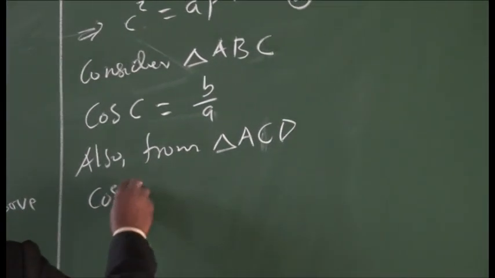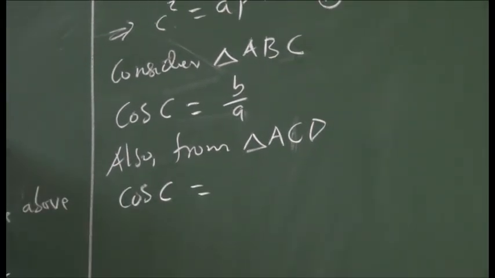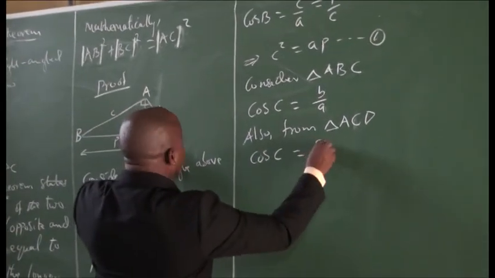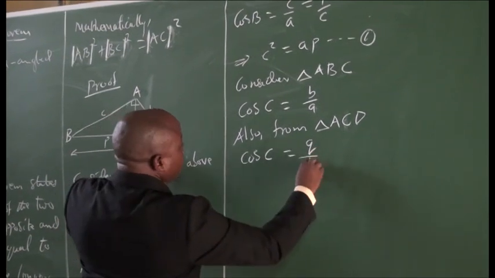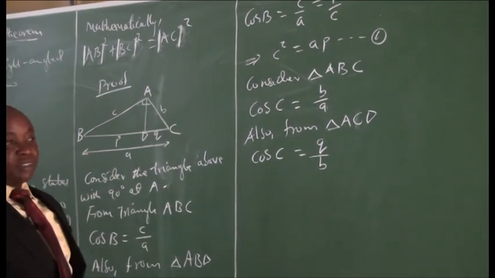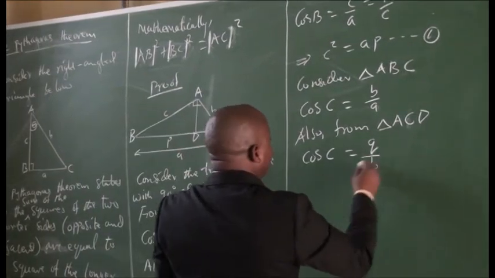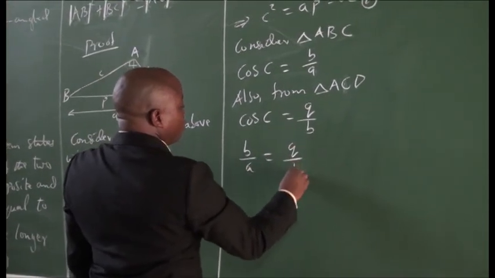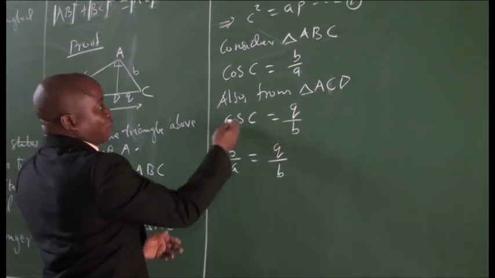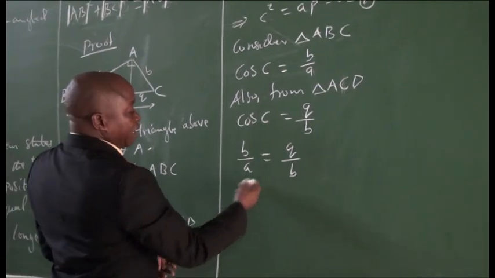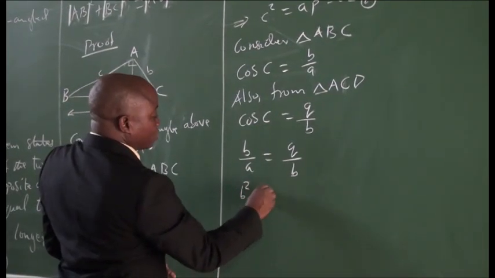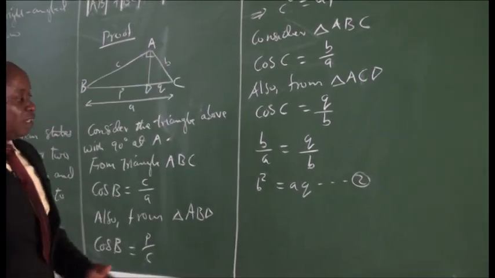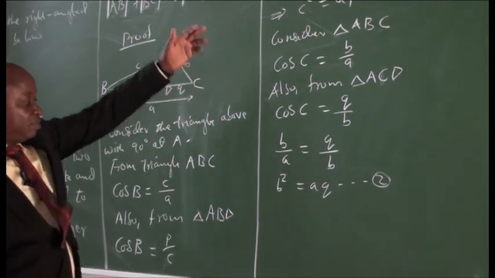Cos C will be, and this is the hypotenuse to that one, if we check, so it will be Q over B. So now I can say that B over A equals Q over B. That is for cos C, comparing the two. By cross multiplication, I see that B square equals AQ. That is equation 2.